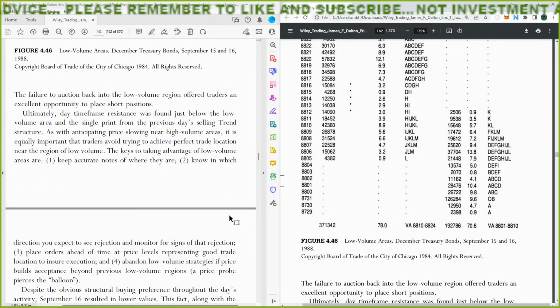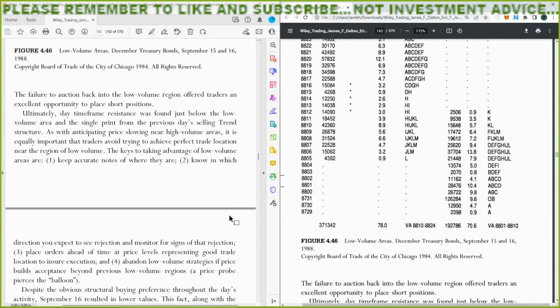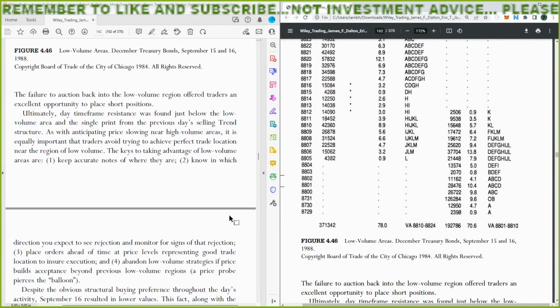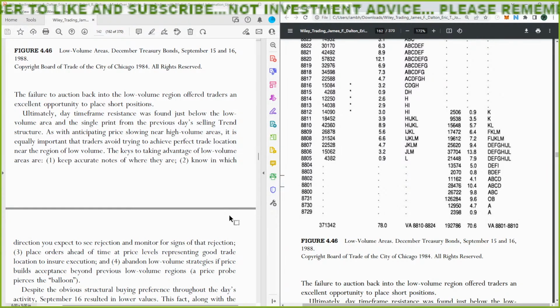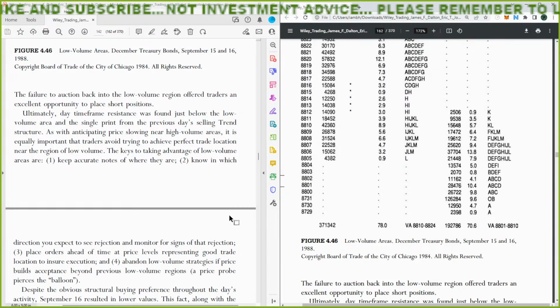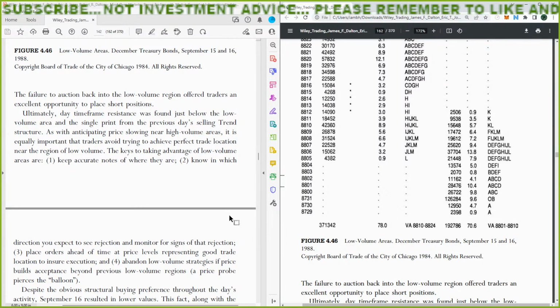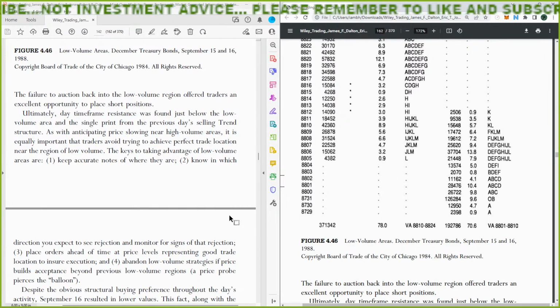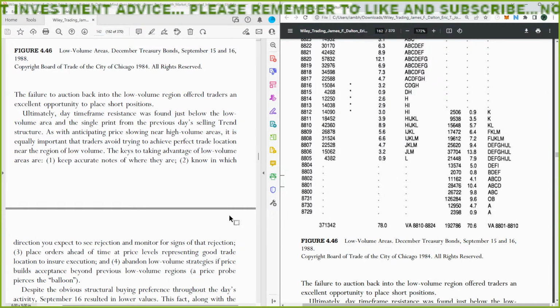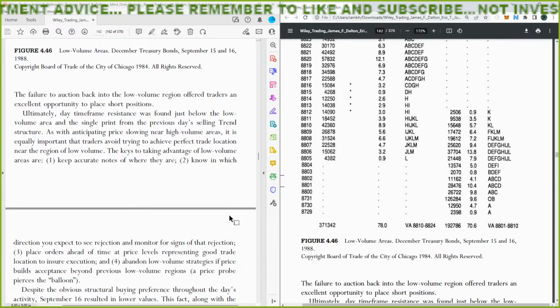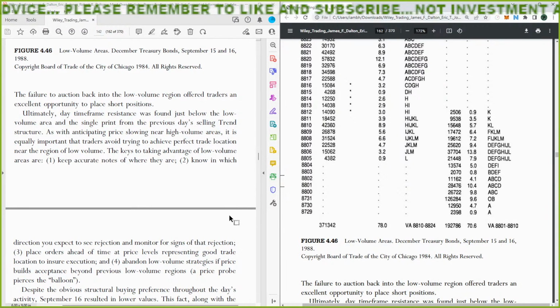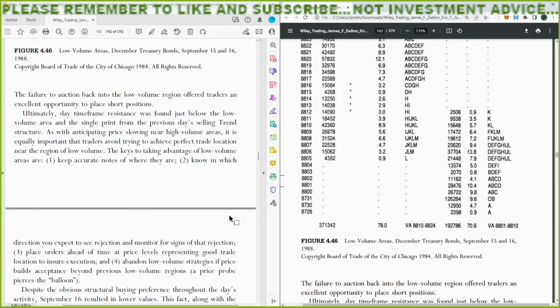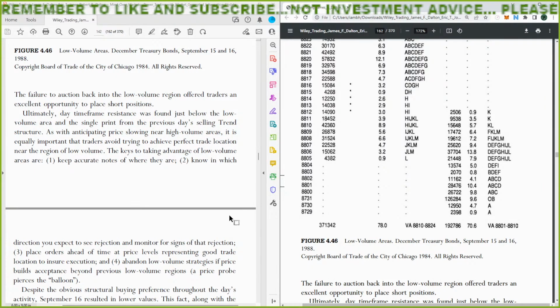The failure to auction back into the low volume region offered traders an excellent opportunity to place shorts. Ultimately, day time frame resistance was found just below the low volume area and a single print from the previous day's selling trend structure.